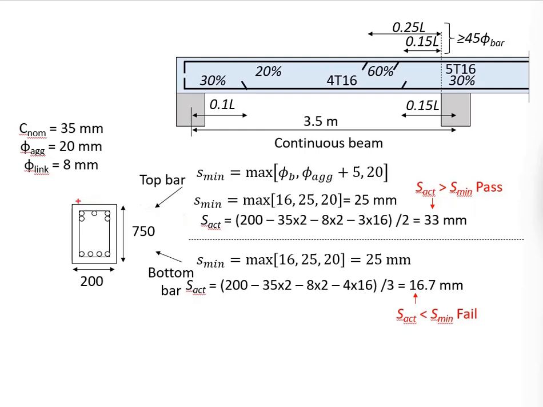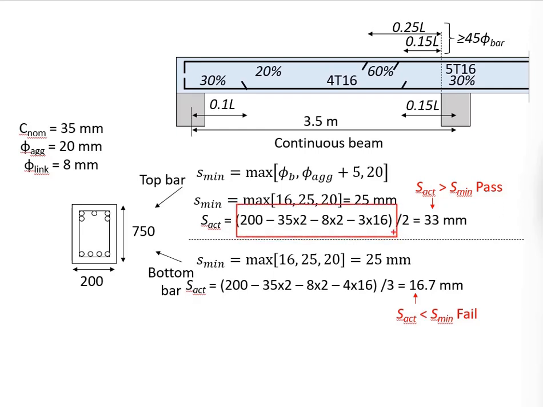Then you're going to check the spacing between the reinforcement. For the top reinforcement here, get the width minus the cover from both sides, which is 35 mm times 2, minus the shear link from both sides, which is 8 mm times 2, minus 3 rebar times 16 mm diameter.